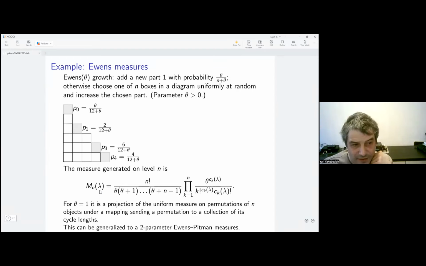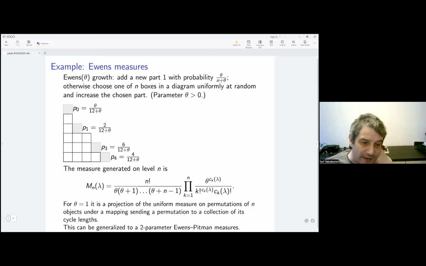And actually this measure has a nice combinatorial interpretation, because at least if theta equals 1, then this will be a measure which is obtained from the uniform random permutation of n objects.